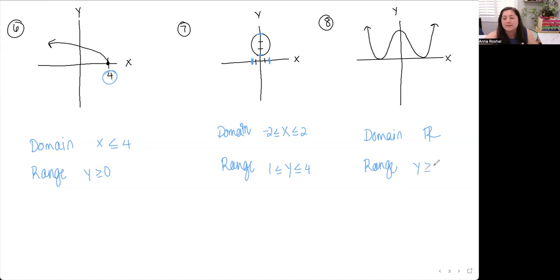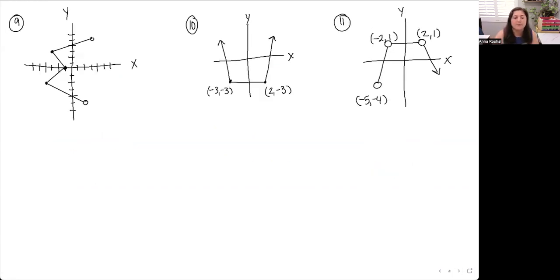So my y is going to be greater than or equal to 0. And in this case, it's going to be greater than or equal to because it actually does touch here and here, okay? So because it does touch in both of those places, I want to make sure that I label that appropriately.